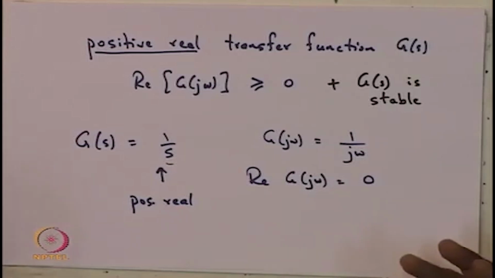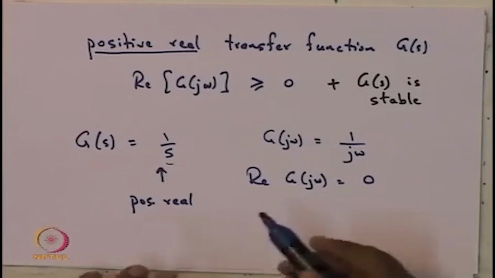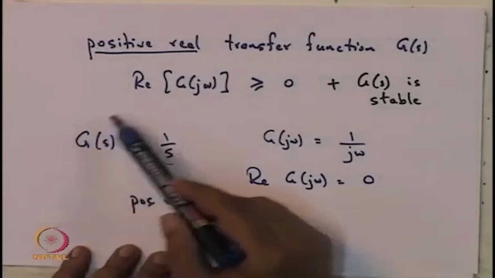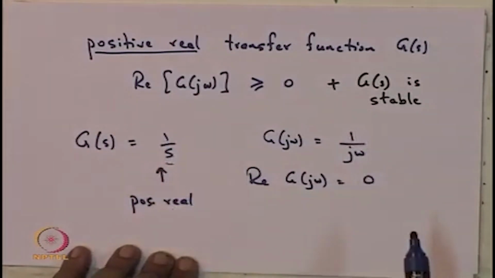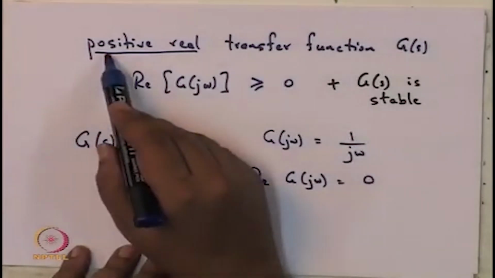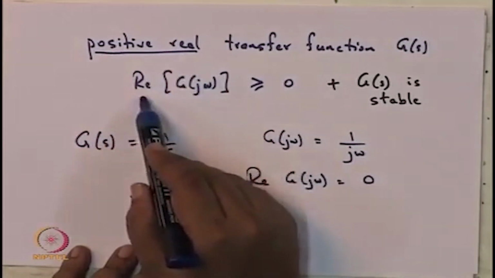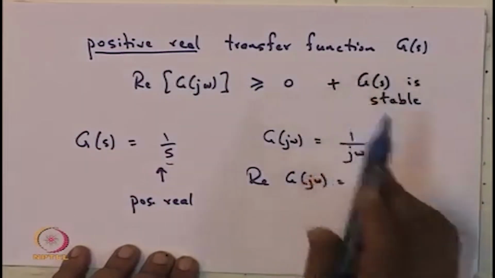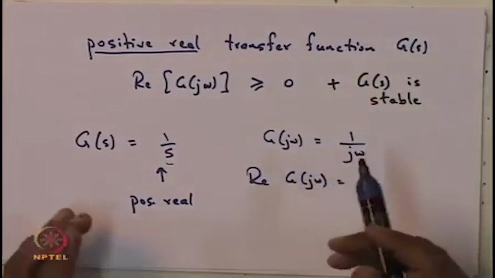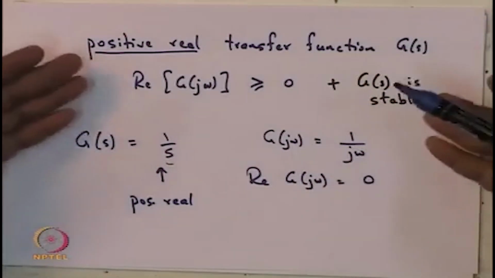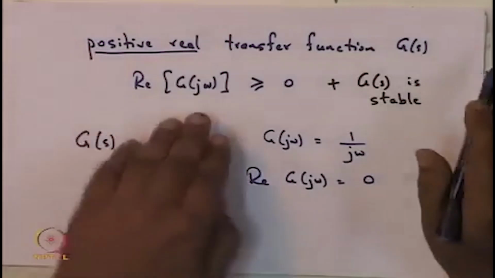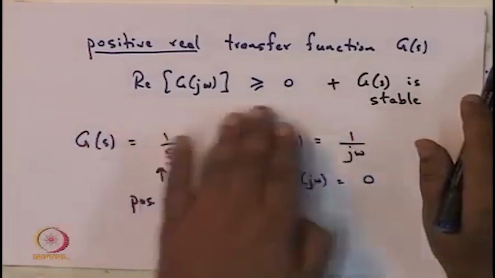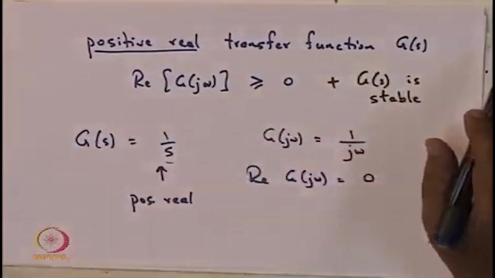If you think of that as stability or marginal stability or whatever, then one can still continue to call this positive real. Okay. So, the definition of positive reality could be just this, or could be this along with G(s) being stable. Again, as I said earlier, it depends on the books that you follow. Some books use only this definition, but most books use this definition plus the fact that G(s) is stable.